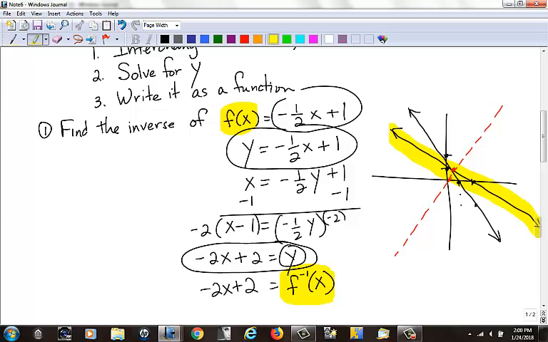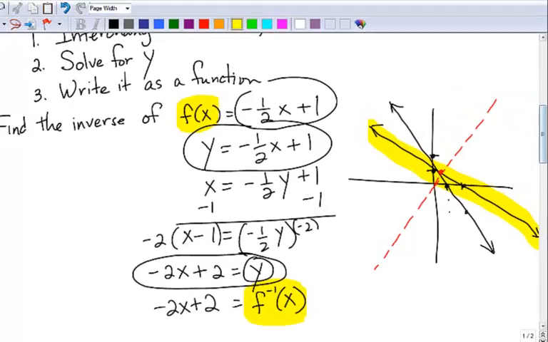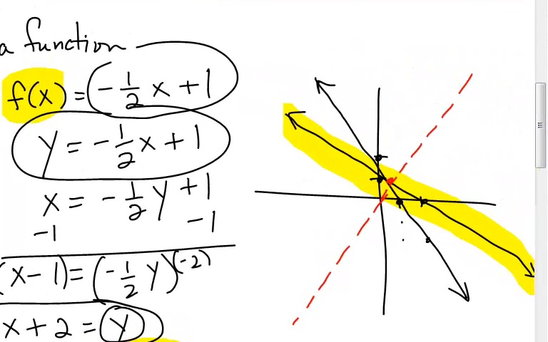Yes. Does it pass the horizontal line test? Yes. So is our inverse a function? Yes. It has to pass both those tests. Okay, that's as much as I'm going to do.